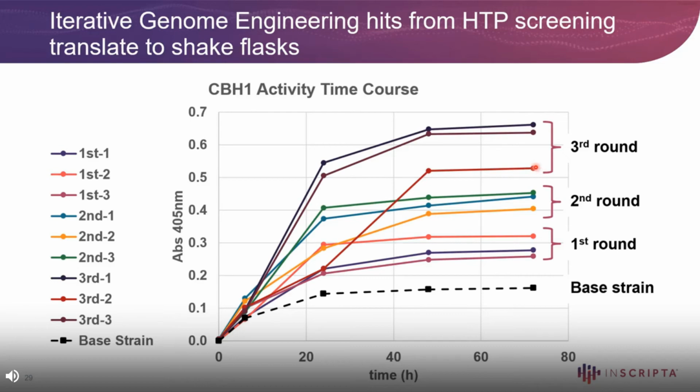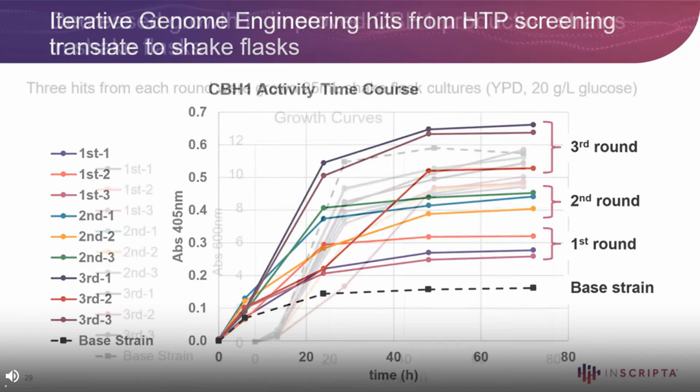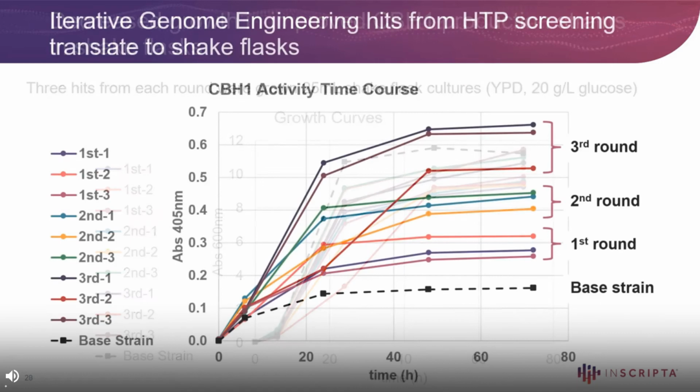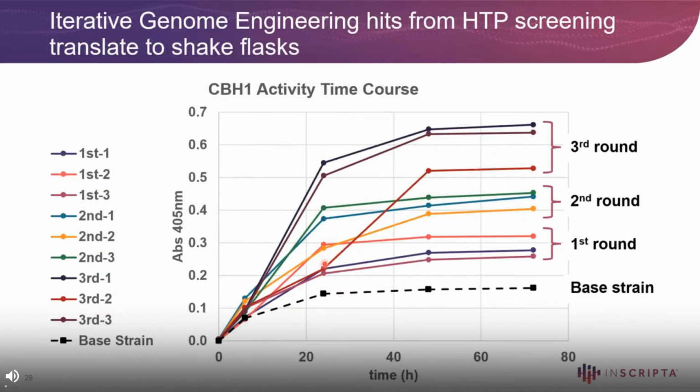So there's this one variant here, which is one of the third round hits, which actually, if we go back, had kind of delayed growth here. It looks like it also has delayed CBH1 expression up to about 24 hours. Then when you get to 48 hours, it pops right up and has much greater CBH1 expression relative to these other strains that were tested.